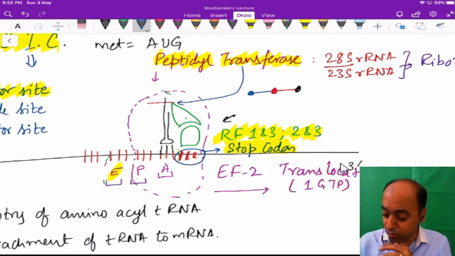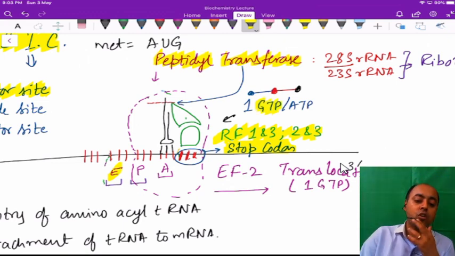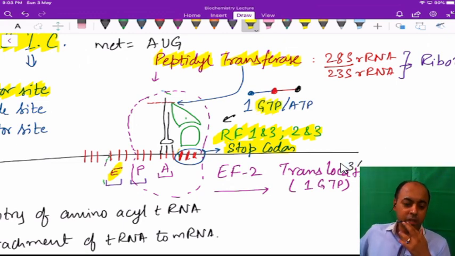The whole process requires preferably 1 GTP. If it is not there, it can make do with ATP, but preferred is the availability of GTP. So termination requires 1 GTP, or you can say 1 ATP equivalent.